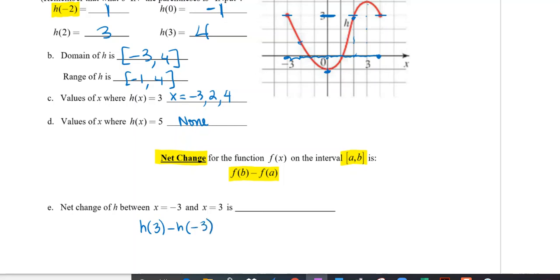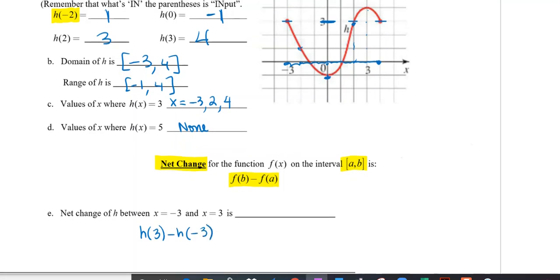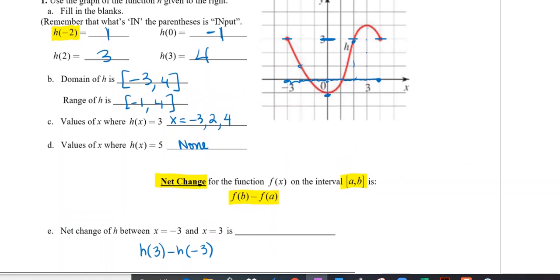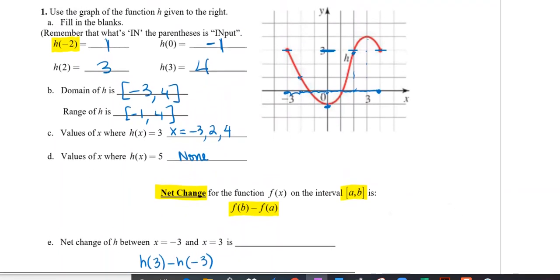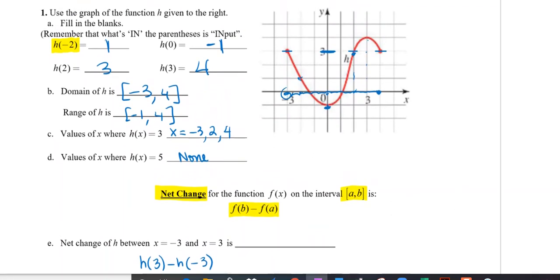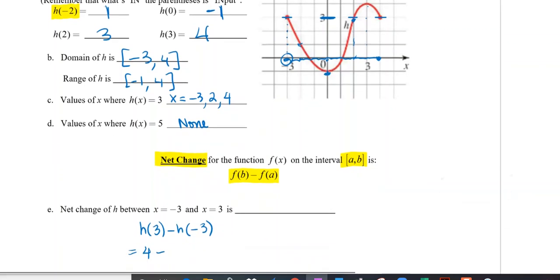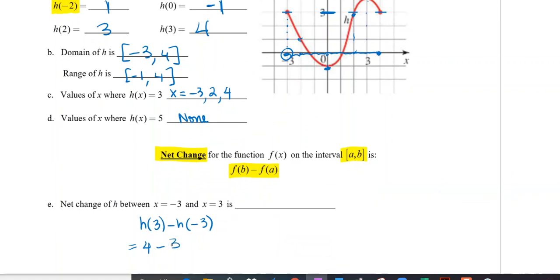Find those outputs and then subtract. So let's see, h of 3, we already know what h of 3 is. We did it up there. That's equal to 4. H of -3, I have to find. -3 is right here. The y value corresponding to that looks to be 3. So the answer is 4 minus 3 is 1.